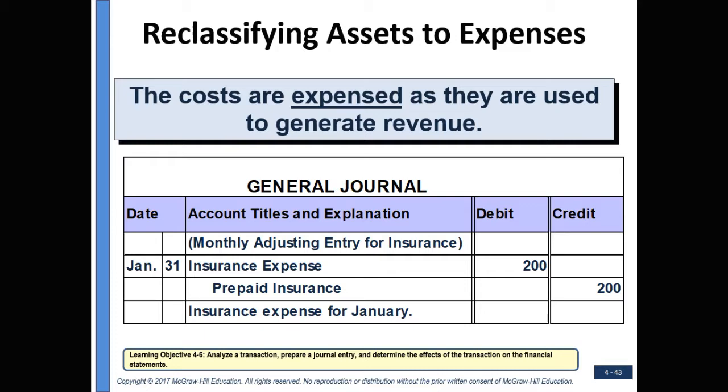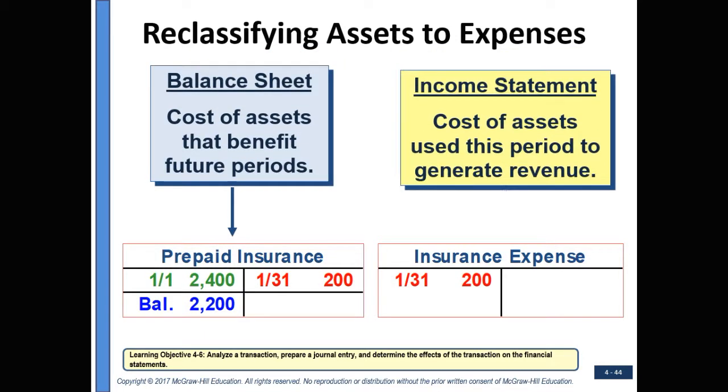The $200 entry reflects that one month's use of prepaid insurance. The balance sheet account prepaid insurance is credited, and the income statement account insurance expense is debited for that $200 in every month for the 12 months.